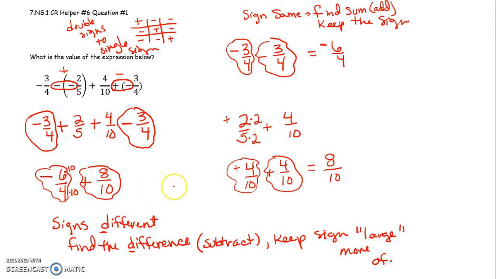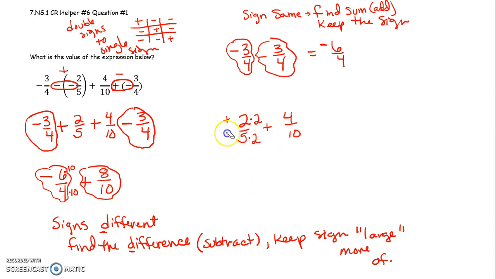So my negative 6/4, if I multiply numerator and denominator by 10, becomes negative 60/40.